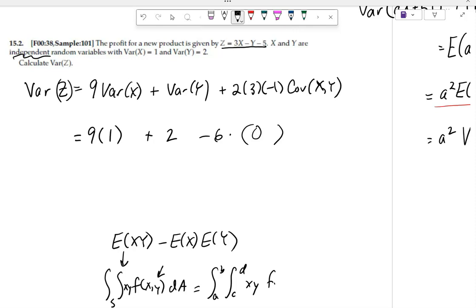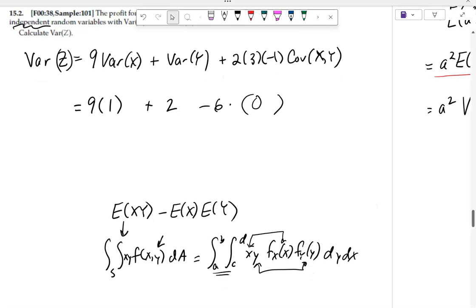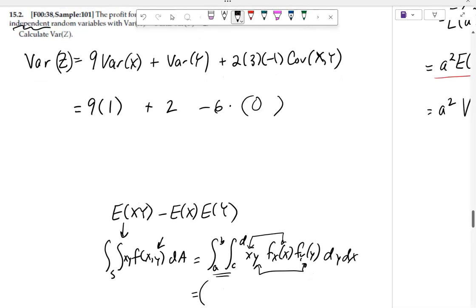It splits, right? It's the PDF of x times the PDF of y. We agree? And then we mentioned this the other day. If you've got a function just of x, and a function just of y, and a rectangular space, I can split this up: integrate just the x pieces and integrate just the y pieces and multiply them together when you're done.